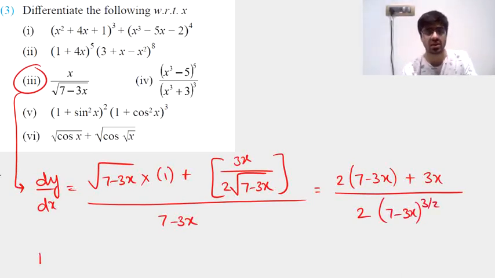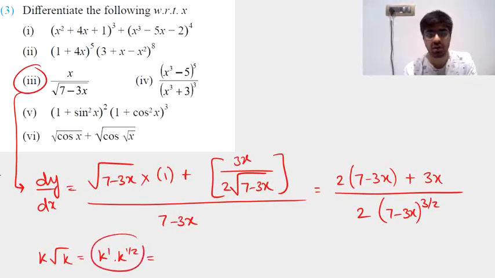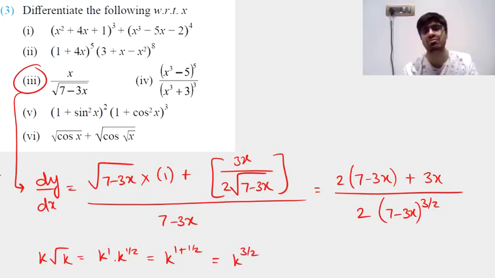If it's like k and root k, then this is like k to the power 1 into k to the power half. a^m into a^n is a^(m+n), so this will be k to the power 1 plus half, that is k to the power 3 by 2. So this is (7 − 3x) power 1 and (7 − 3x) power half. So you multiply them, you get (7 − 3x) to the power 3 by 2.